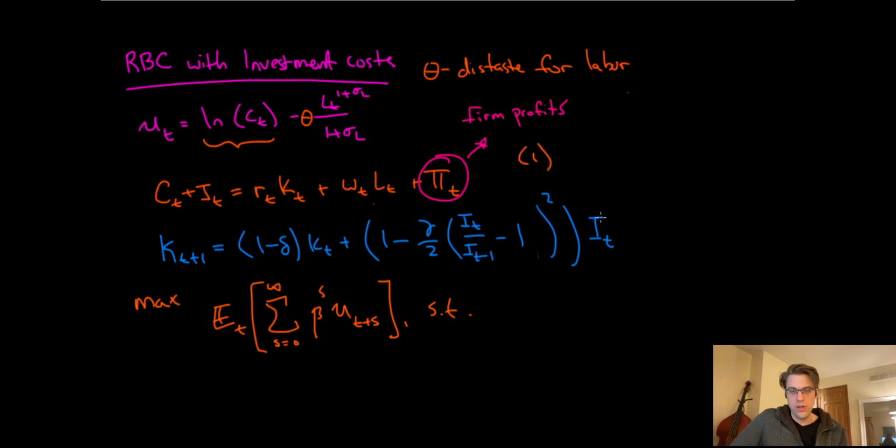Let's call this 1, let's call this 2, so subject to 1_{t+s} and 2_{t+s}. And we're going to do that by choosing C_t, K_{t+1}, L_t, and I_t.